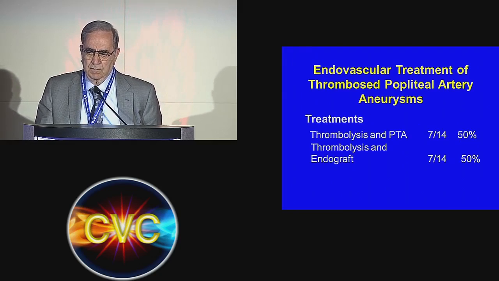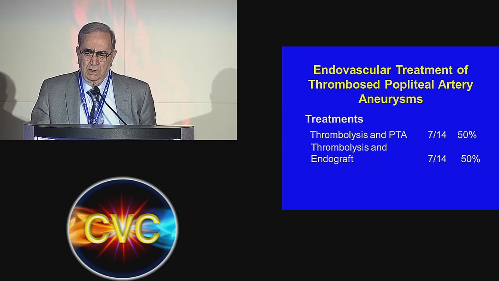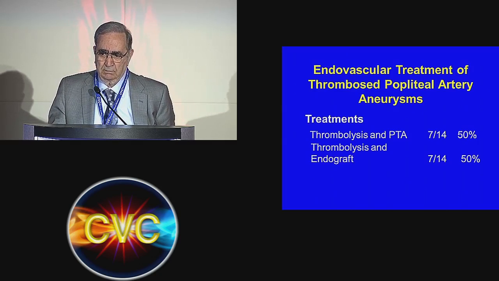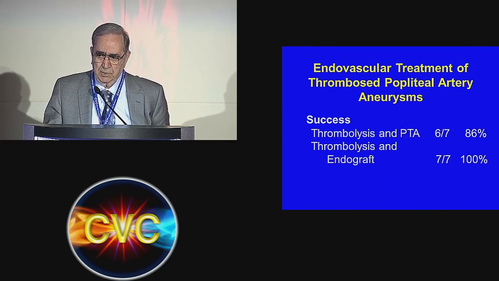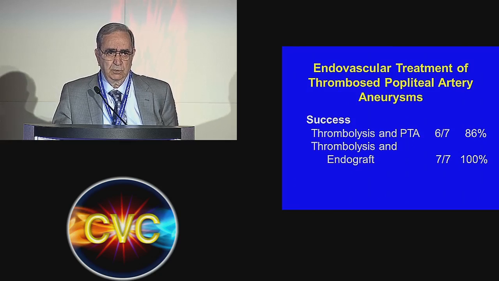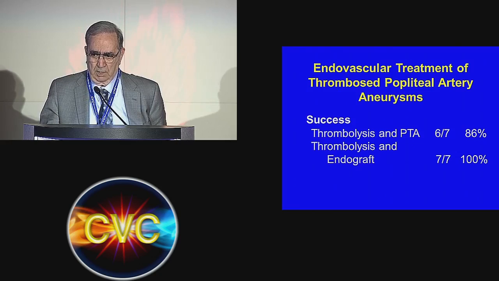They were treated with thrombolysis and PTA in half of them, and thrombolysis then endograft in the other half. The success rate was 100% except for one patient whose leg we couldn't save and who had to have an amputation.